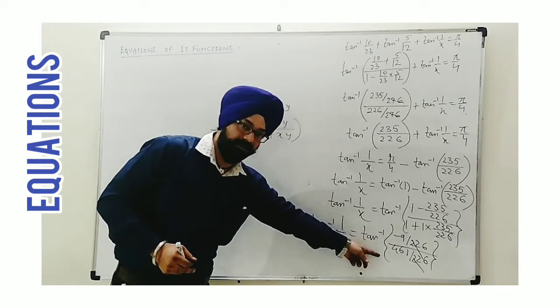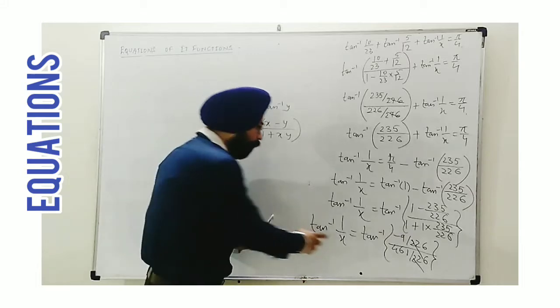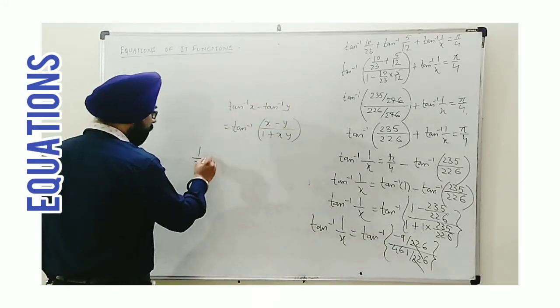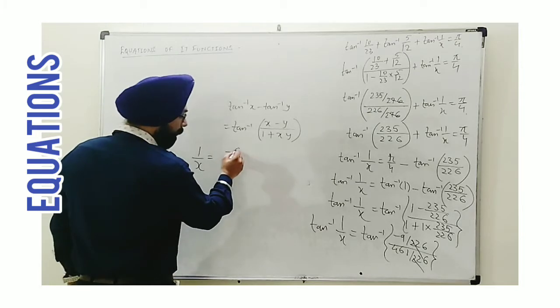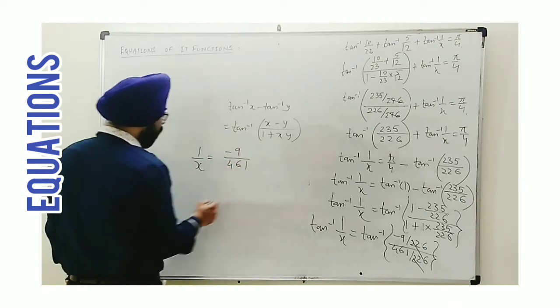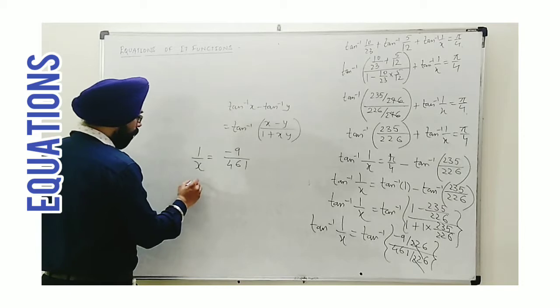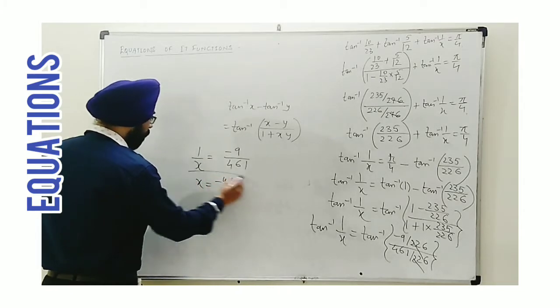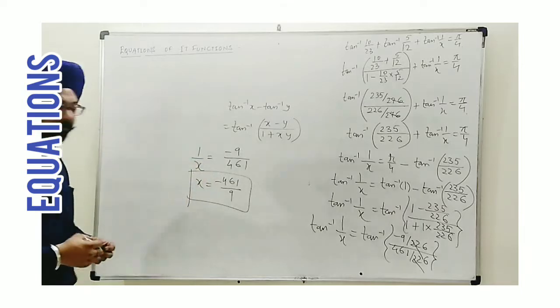That also is a single term, meaning these two values are equal. So directly we can conclude 1 upon x is equal to minus 9 upon 461, and obviously taking the reciprocal, x comes to 461 upon 9. This is the final answer.